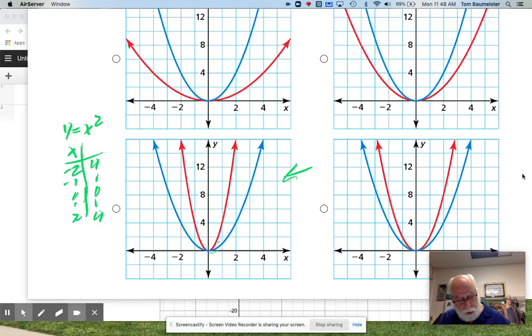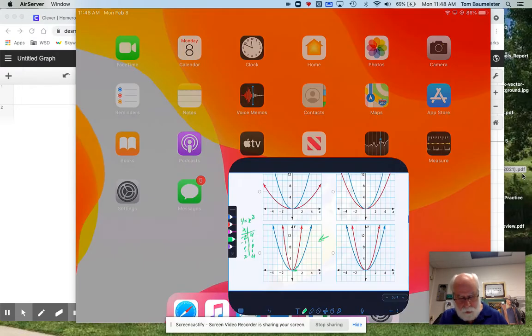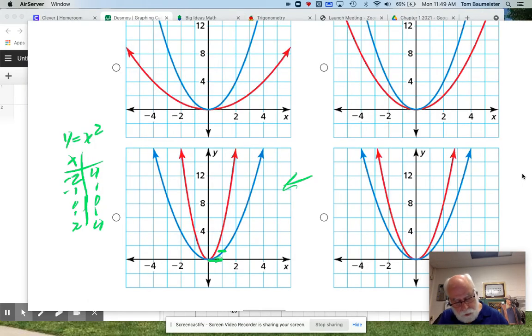So if we think here, I went over 1. Now notice very carefully, make sure you look at the axes, ladies and gentlemen. If you look at the axes, you notice that the other one's going up by 2's. So here is our 1. So the blue one here, sorry about that, the blue one is our f of x.